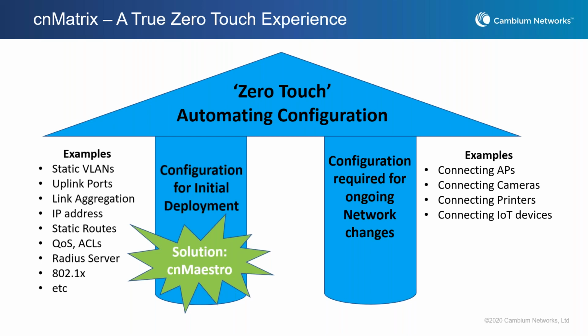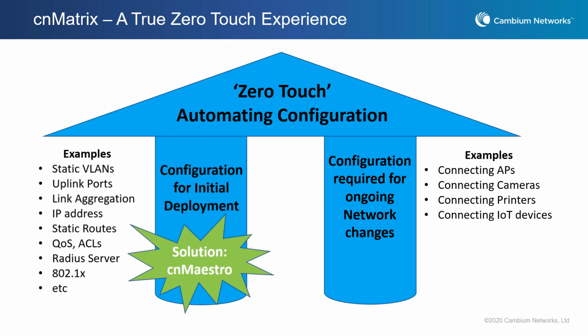But for each one of these devices that you connect to your switch, there is some configuration required on your switch. At a minimum, you want to say what VLAN that device should be on. So that the VLAN for that switch needs to be created, and then that specific port needs to be made a member of that VLAN. Oh, and by the way, the uplink port also has to be a member of that VLAN.